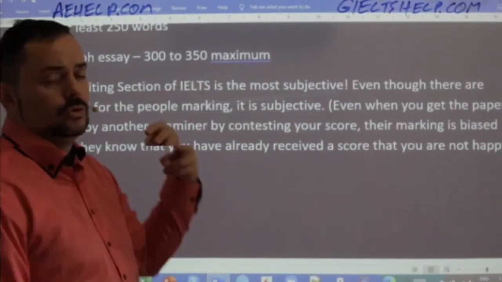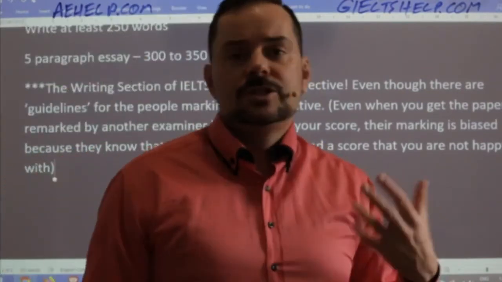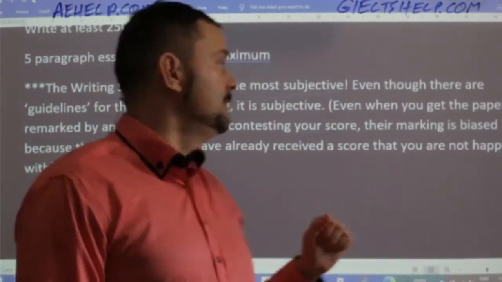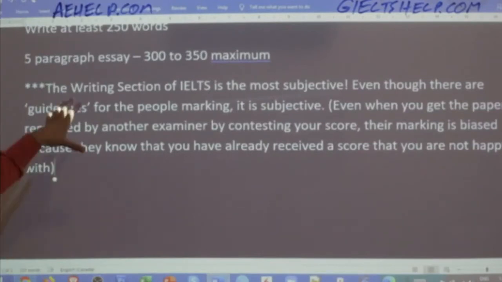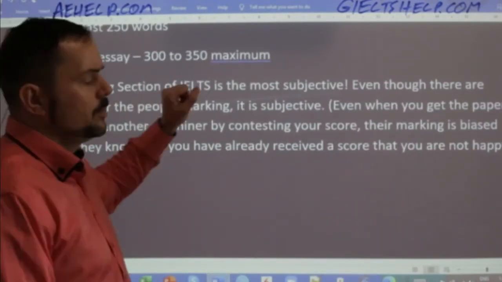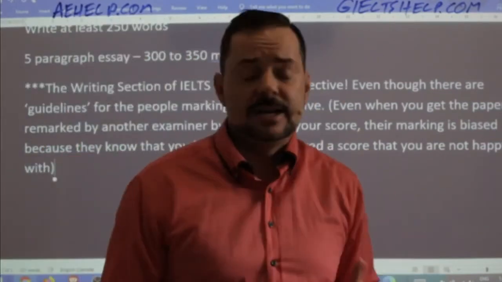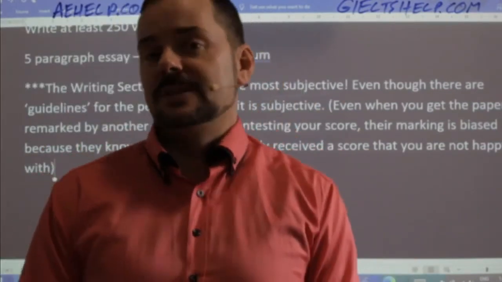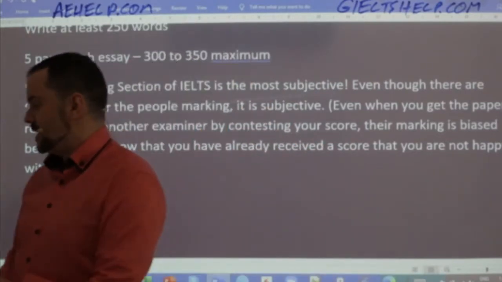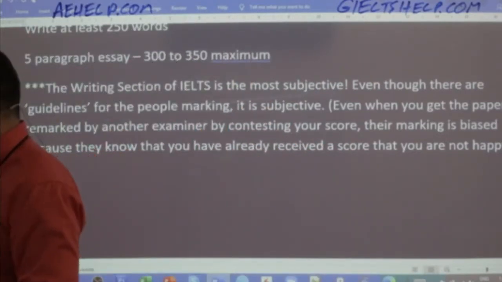The two subjective sections, of course, are speaking and writing, right? So here, you have to keep in mind that writing is the most subjective, and that's the one where students are most often surprised, as I was in my previous exam. And you're going to see that in this series that we're going to release over the next month as well, so kind of a little bit of foreshadowing.